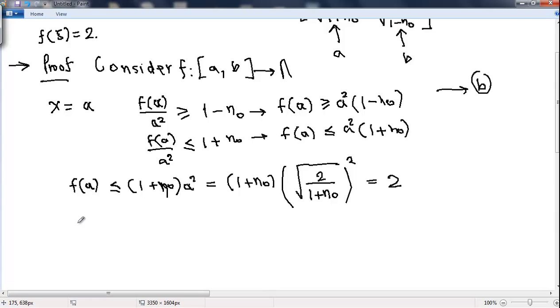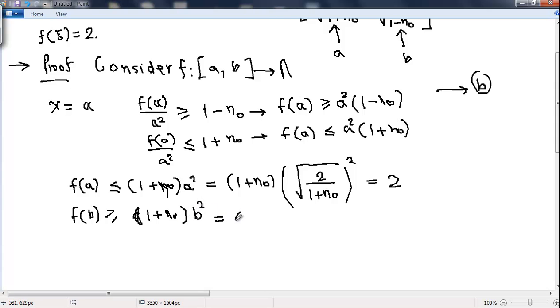In the same way we find f of b is more than 1 minus eta 0 times b squared.